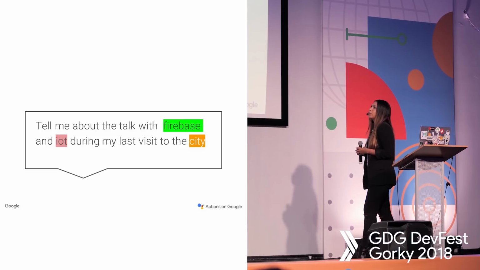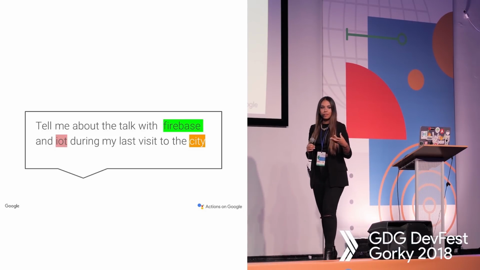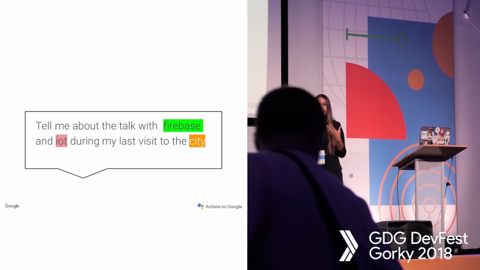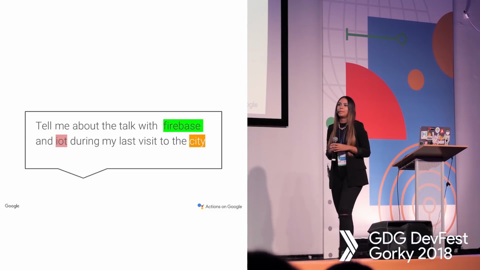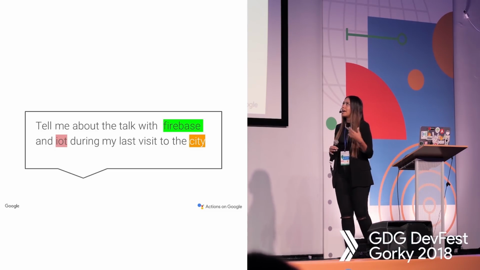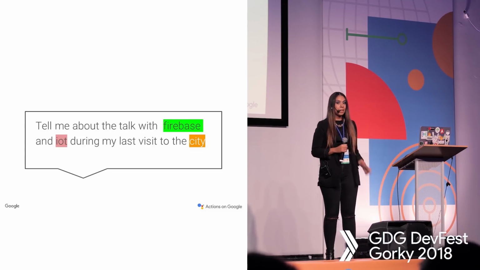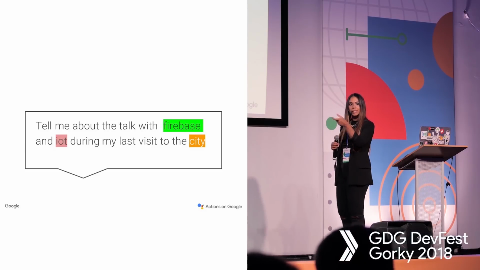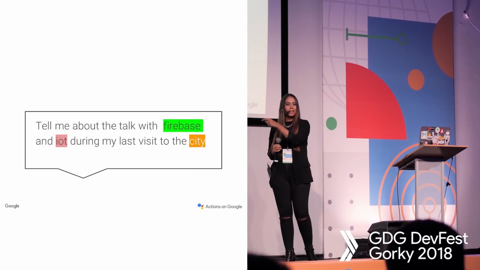Again, we have to be able to say something, to say an action, right? So in this case, if we talk to our device and say, tell me about the talk with Firebase and IoT during my last visit to the city, okay? As you can see, there are a few words here that are highlighted, right?